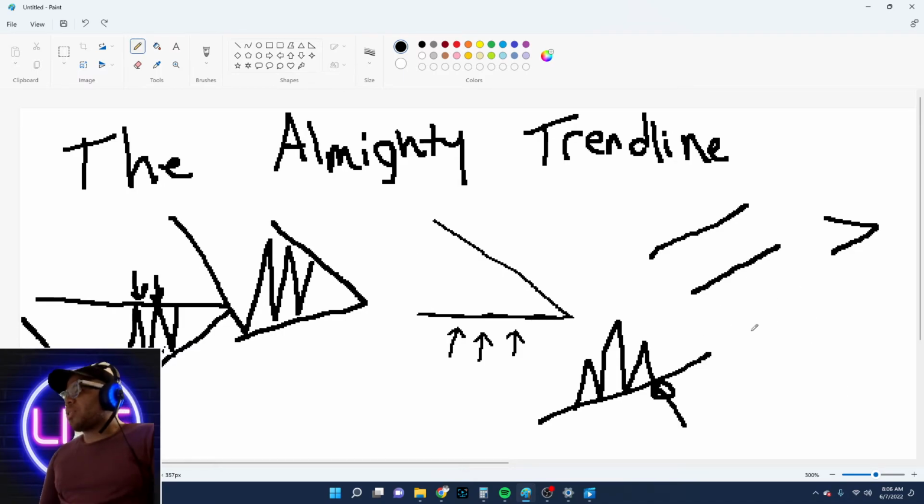So if you understand how these different patterns play out, you can see how trend lines are very helpful in identifying them. Why does a head and shoulders work? Because a head and shoulders is essentially a complex wedge pattern.